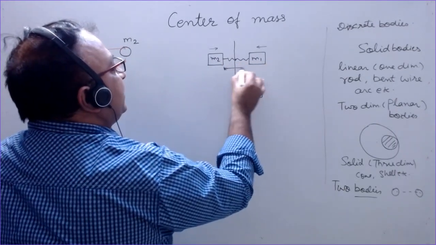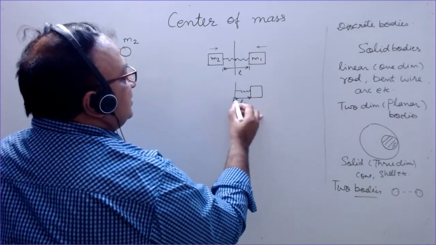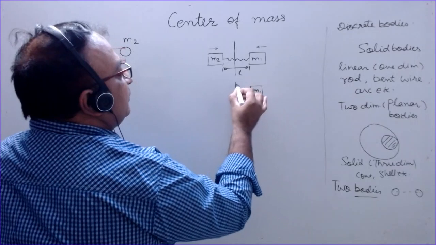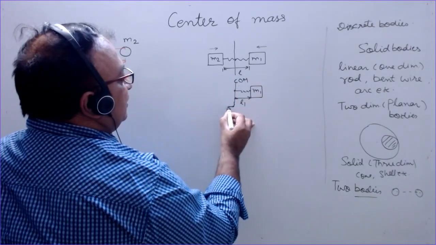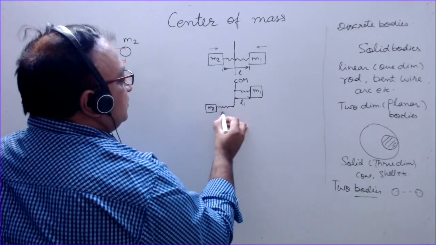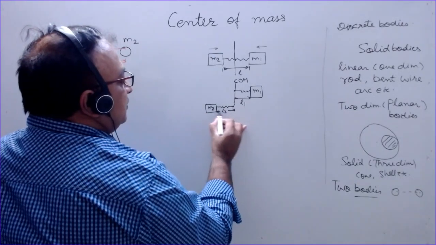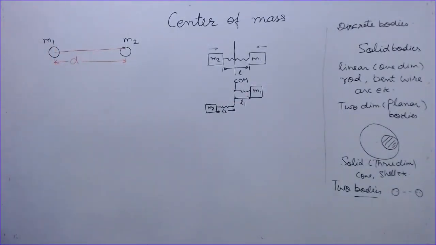Total length of the spring is L. This distance is L1 from the center of mass, and that of the second one is L2. So we can consider their motions separately about the center of mass and find the frequency of the system. So this we will also be discussing during the topic of the simple harmonic motion.